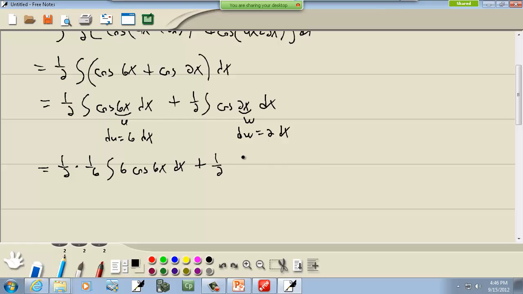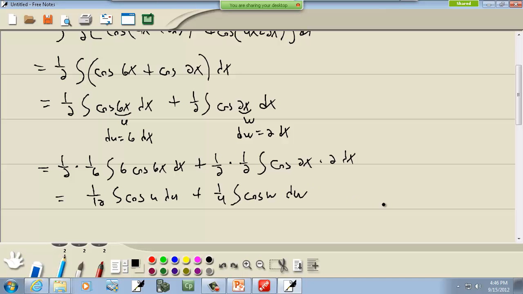On this one, we need a 2 inside, so we'll offset it with the 1/2 out in front. And we got cosine 2x, and then 2 dx. So this becomes 1/12 cosine u du plus 1/4 cosine w dw.